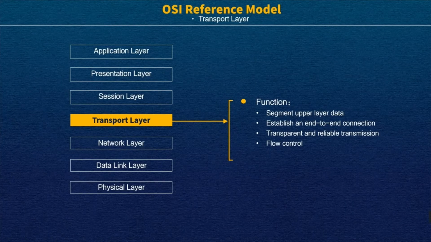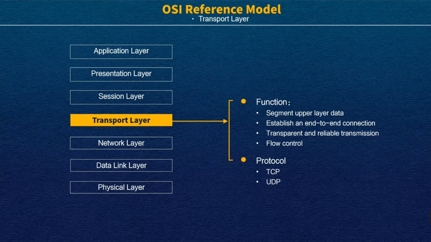The name is segment. And then we have to establish an end-to-end connection, transmit the packets, and provide reliable transmission. We can also provide flow control. This is a function. And the typical protocols are TCP and UDP. Pay attention, please.